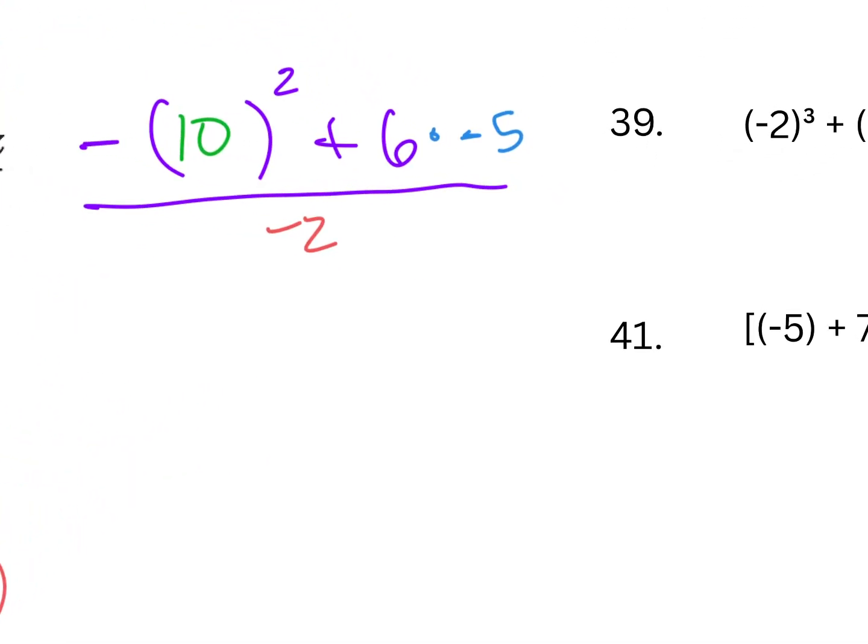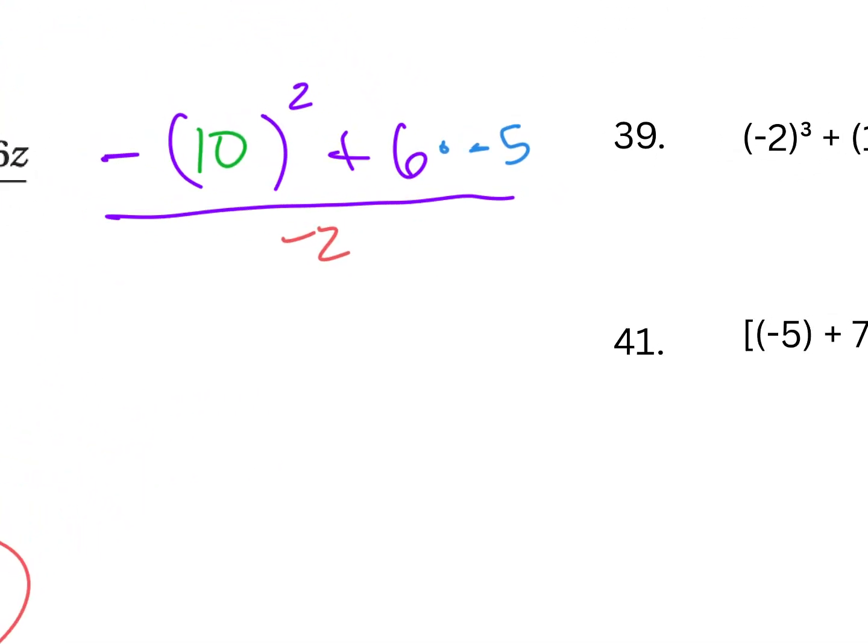Parentheses, exponents. Negative 100 plus 6 times negative 5 all over negative 2.